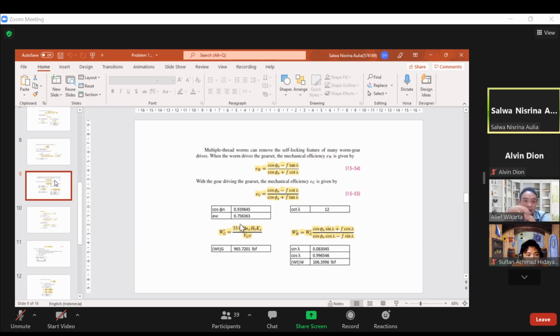The friction in the helical is small, so that's my question, Mbak Salwa. Why in helical is small and in worm is big? What happened?